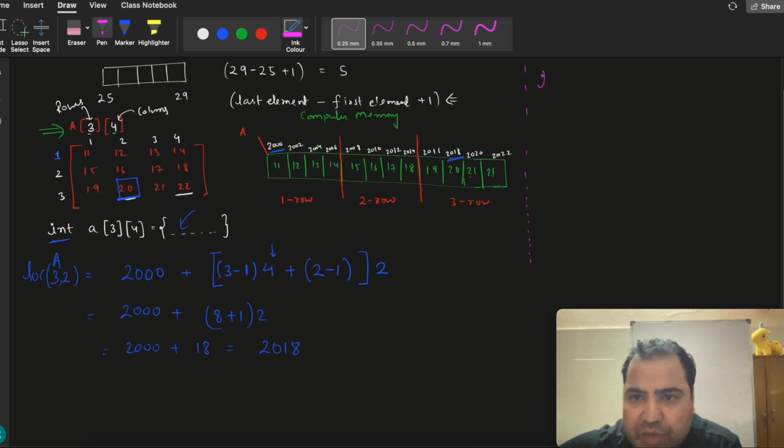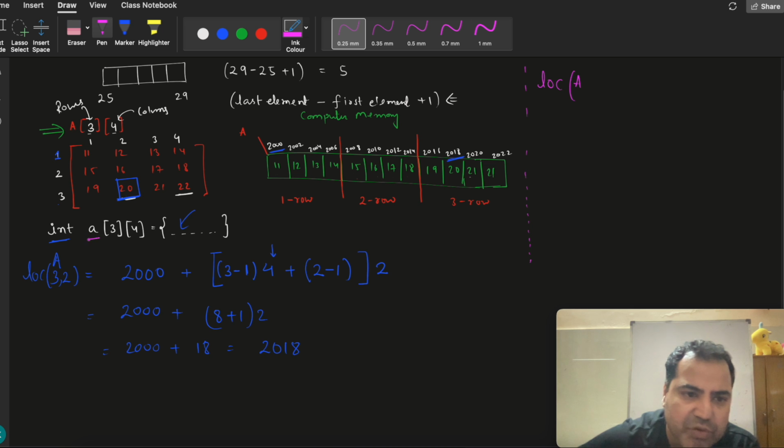Say I want to calculate, or our compiler wants to calculate, the location of the element 17.